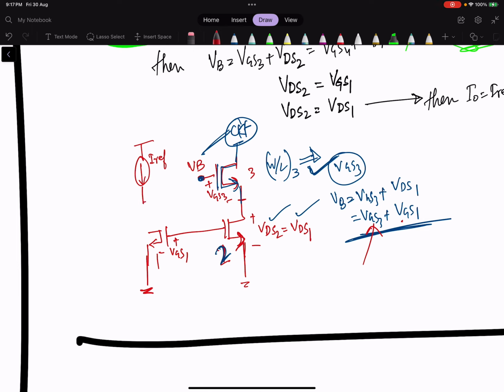So we added one more diode connected device here, and this value should be made equal to VGS3. VGS4 equals VGS3. We have made it from the IREF value, and we design this W by L4 accordingly such that VGS4 is equal to VGS3. Then we will take this node voltage and connect it here.